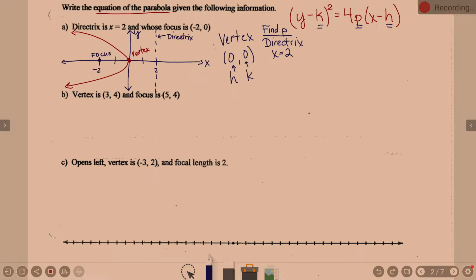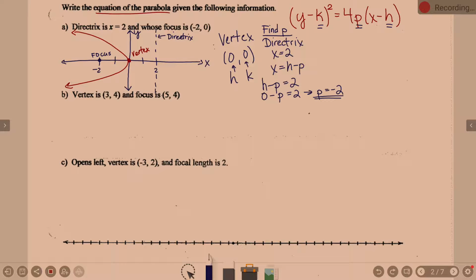So if x equals 2, or x equals h minus p, could you follow if I say h minus p equals 2? And what do we already know about h? H is 0. So 0 minus p equals 2, and thus p is negative 2. So if you're less of a picture person and more of, I want to look at the chart, I want to look at the formulas, there's how you can do it.